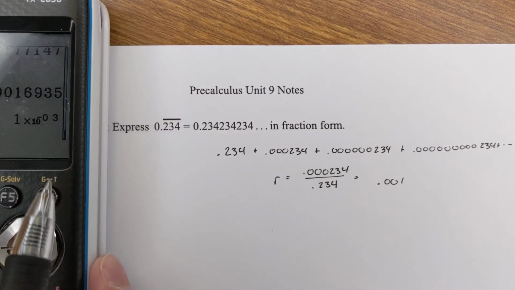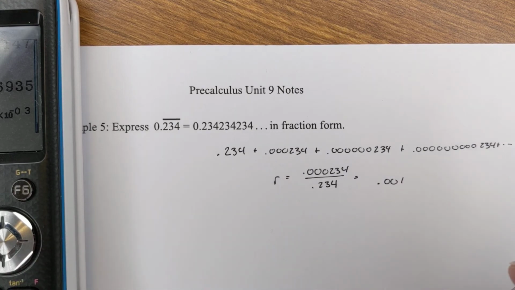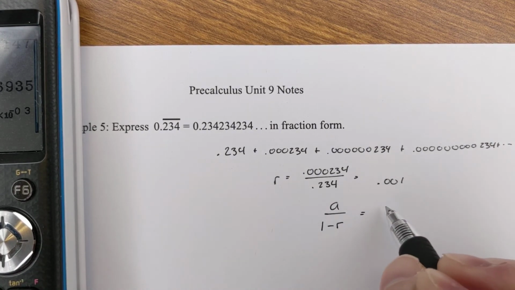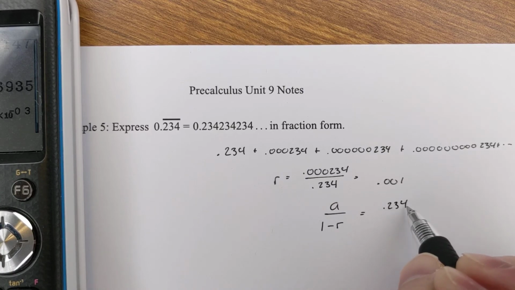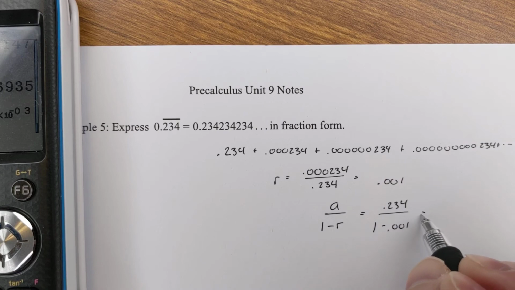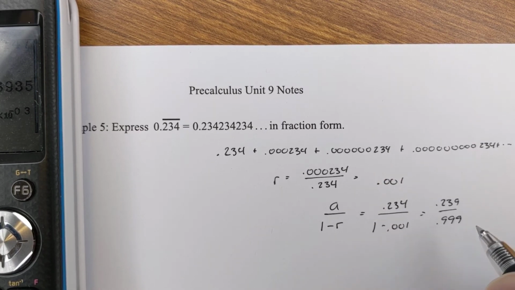So in fraction form, let's see here. a over 1 minus r. So a is 0.234 divided by 1 minus 0.001. So 0.234 divided by 0.999. Oh, and I can multiply both by 1,000, sorry, to get rid of the decimal points.